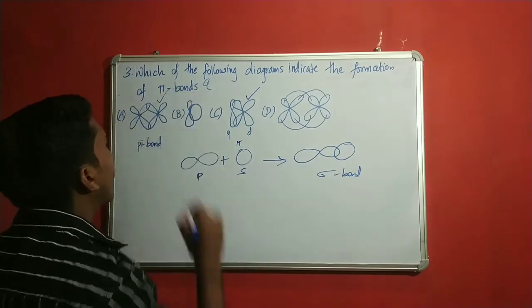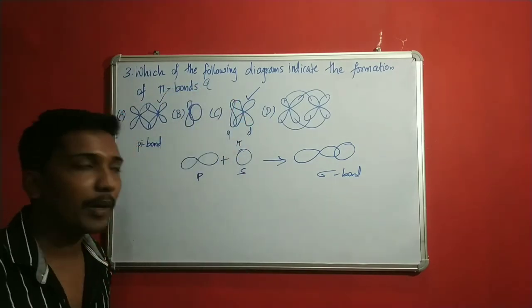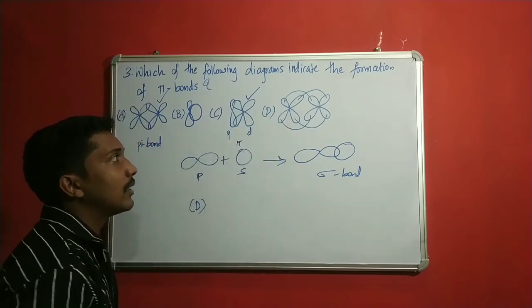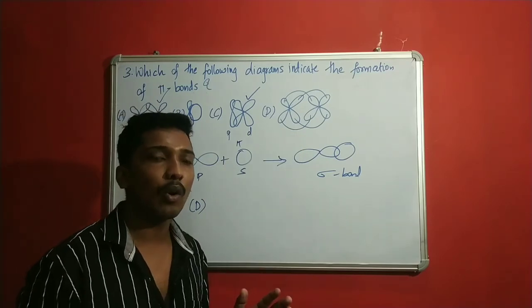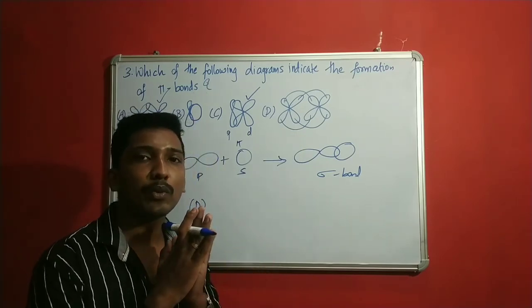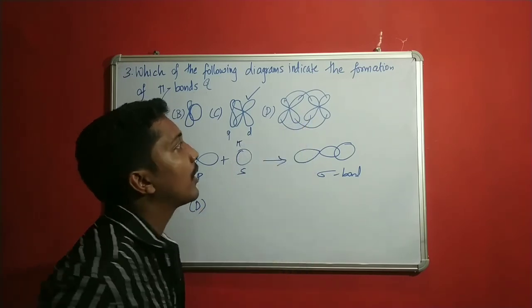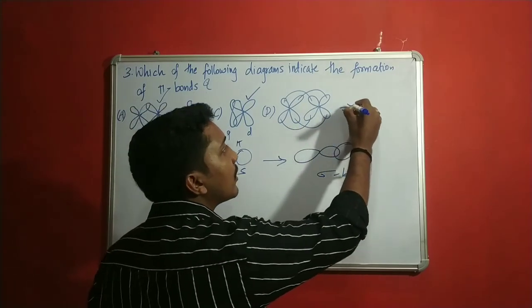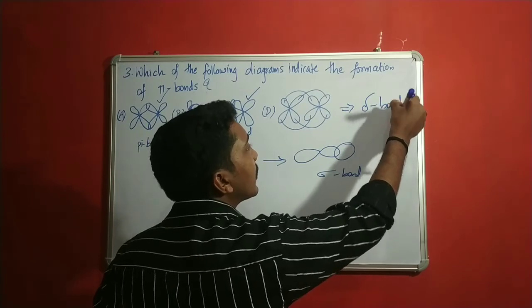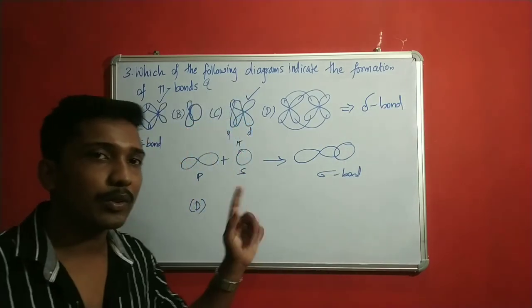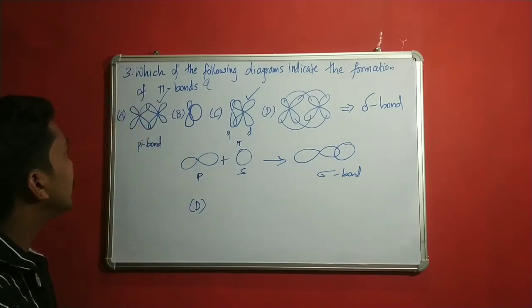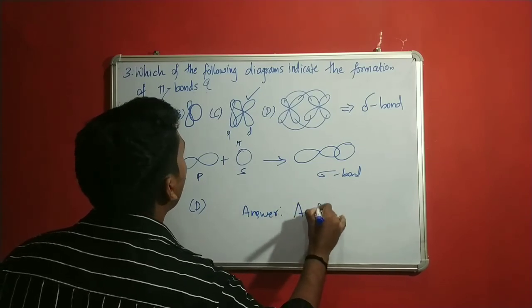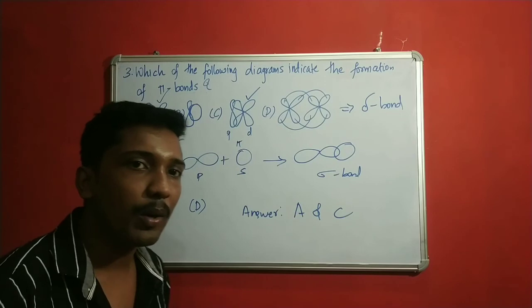So option A and option C show pi bonds. While examining the fourth one, here two d orbitals are overlapping in a superimposing manner. This is not sideways overlapping but superimposing. So this kind of bond is called a delta bond. So in our question, our answer is option A and C. I hope this answered your question.